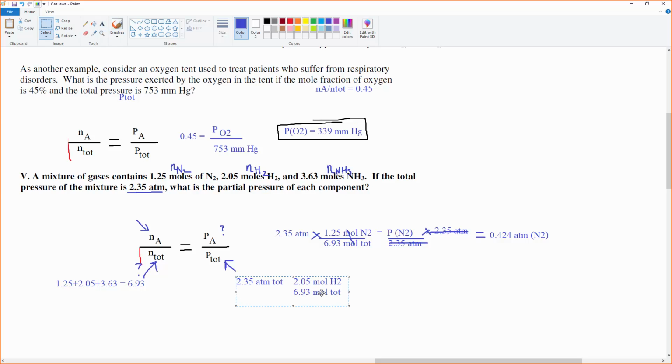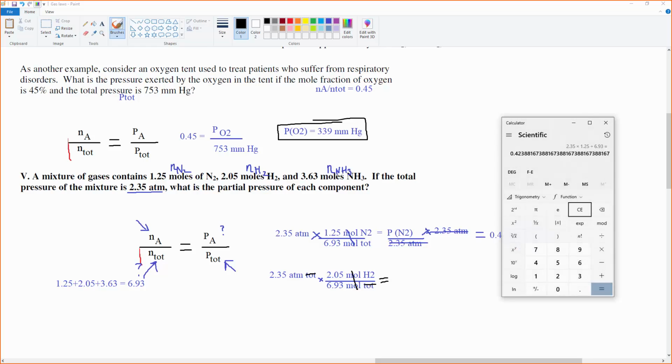So I'm basically setting it up exactly the same way. And by the way, you'll notice your moles cancel and your totes cancel, right? You're left with atmospheres just of hydrogen. So 2.35 times 2.05 divided by 6.93 gives you 0.695 atmospheres of hydrogen.